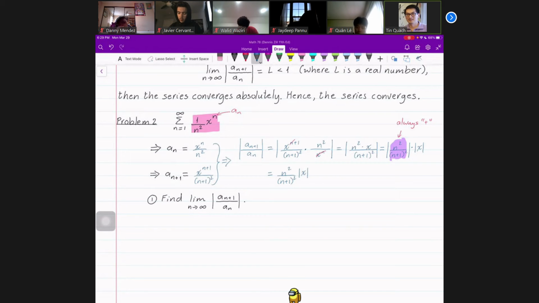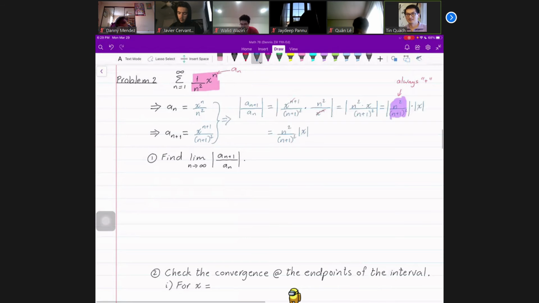So now you go down here and take the limit of that. So the limit of that is n squared over n plus 1 quantity squared times the absolute value of x. So that is what you have.